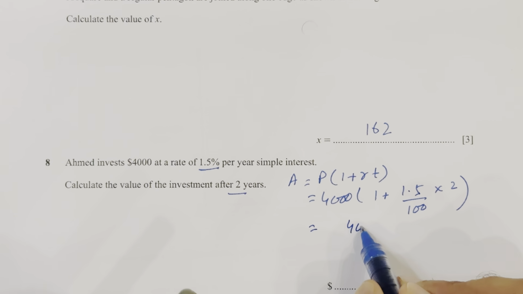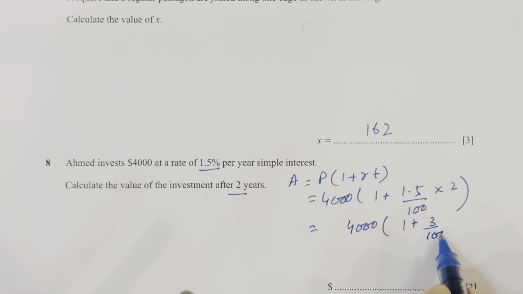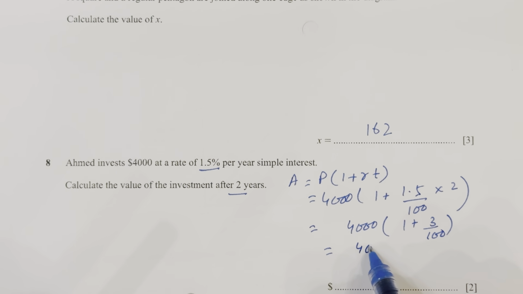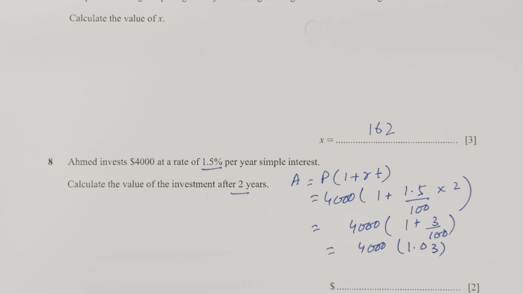So it would be like that, 4,000 times 1 plus 3 over 100. We know that 3 over 100 would be 0.03, and adding 0.03 to 1, it would be 1.03. After multiplying 4,000 by 1.03, we get the answer that is equal to 4120. You can multiply simply.